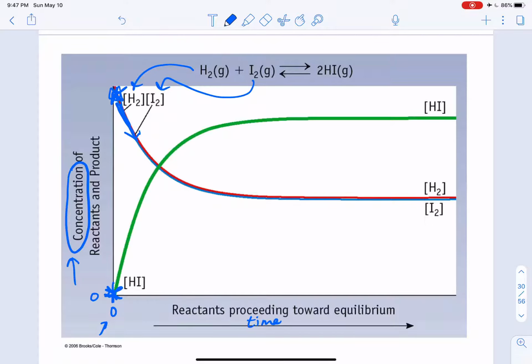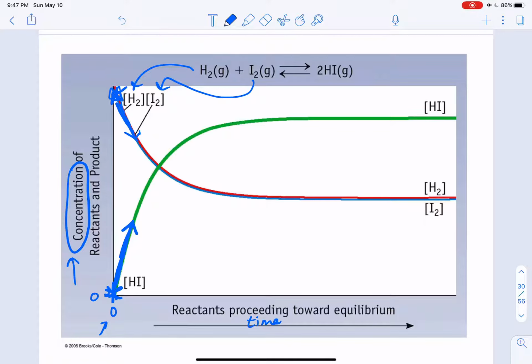As the reaction progresses, the concentration of your product increases, and that should make sense too, because why are you doing the reaction? To get product. So it makes sense that the concentration of the product increases.